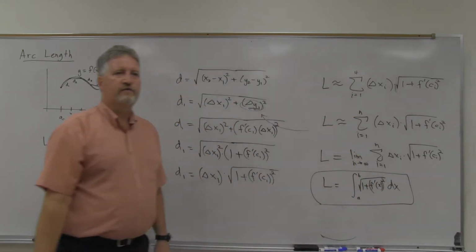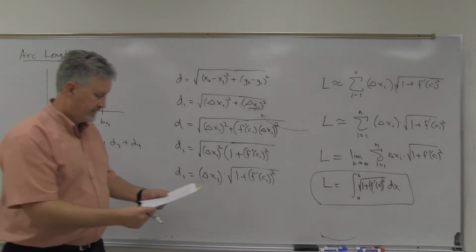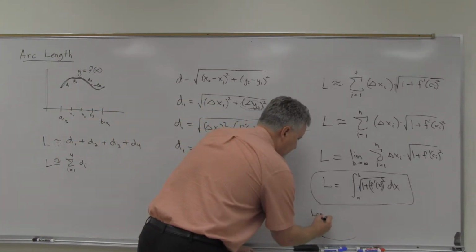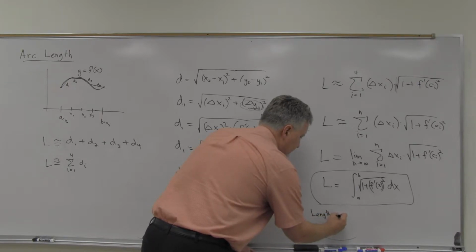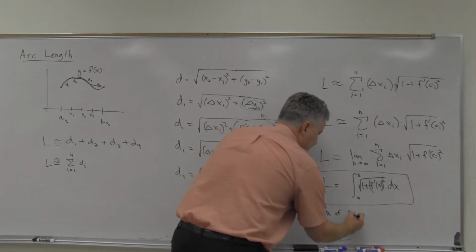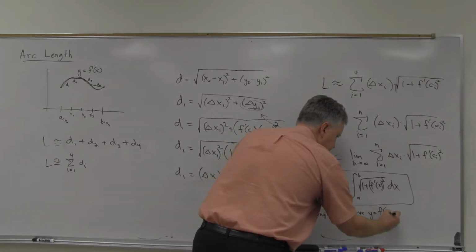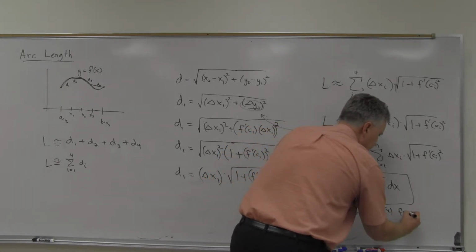That is the arc length formula. So this is the length of the curve y equals f of x from x equals a to x equals b.